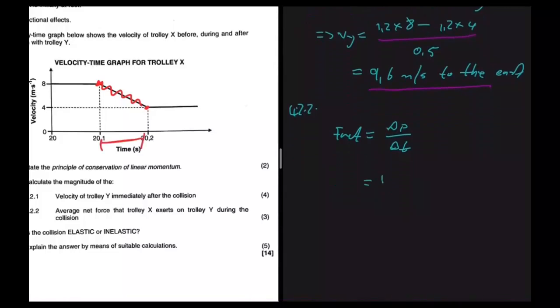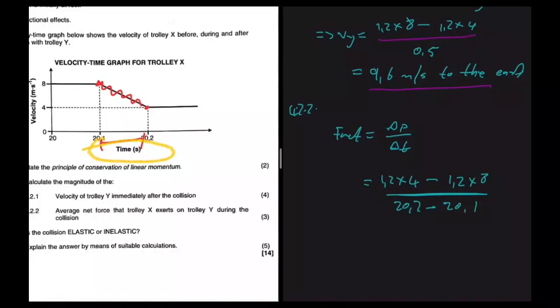Momentum final will be 1.2 multiplied by 4, minus momentum initial, which is 1.2 multiplied by 8, and then divided by the change in time, which I've indicated here in our graph, right? It happens from 20.1 to 20.2 seconds. So here we're going to have 20.2 being the final minus 20.1 being the initial.